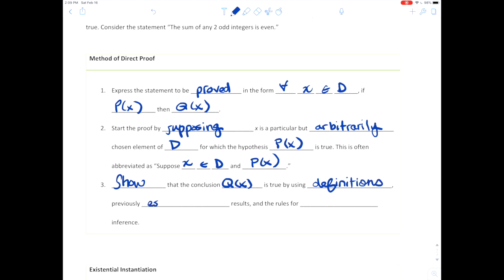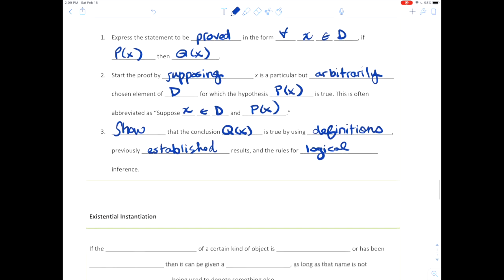previously established results and the rules for logical inference. Okay? So, one last piece, existential instantiation. We use this all the time.